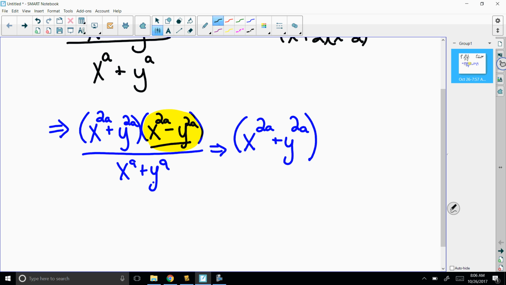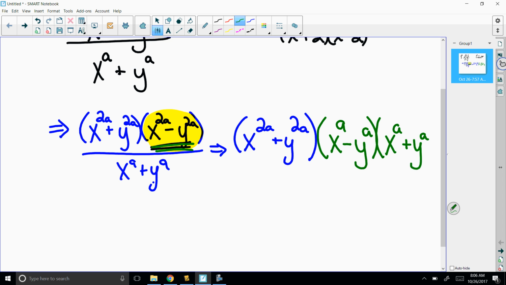But how does this part in yellow factor? X to the a minus y to the a times x to the a plus y to the a, because it factors into conjugates because it's the difference of perfect squares again. And the denominator is x to the a plus y to the a.